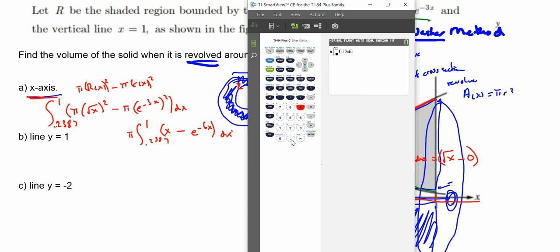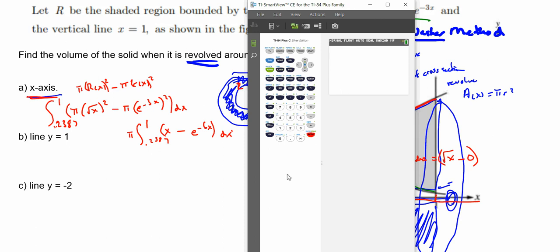We'll go to a lower bound of 0.2387, and an upper bound, which is 1. Then we're going to put in x, because the square root of x squared is going to be x, minus our other value, which is e raised to the negative 6x power, and then x right there.